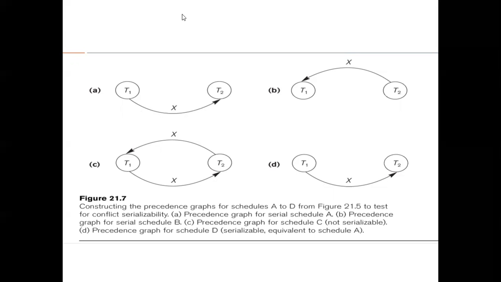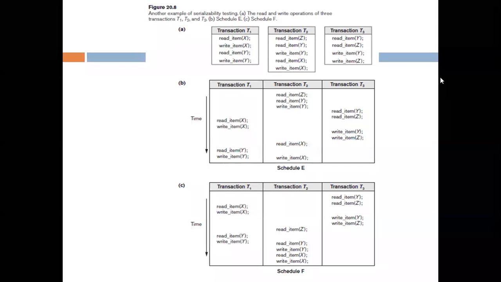So consider this example for serializability testing. Here we have three schedules, A, B, and C, each having three transactions. First, consider example A, transactions 1, 2, 3.